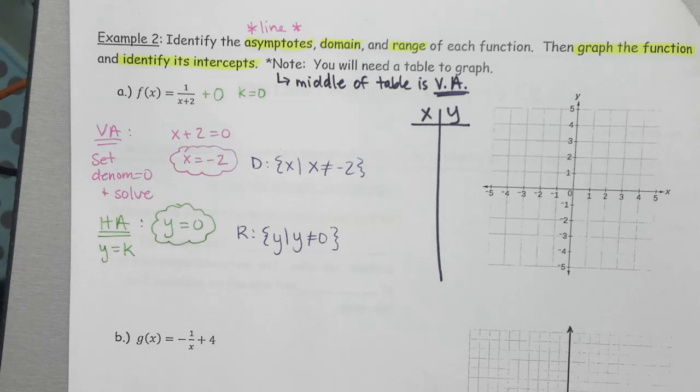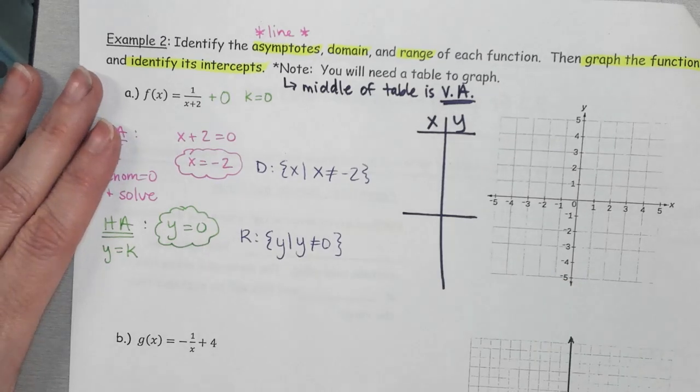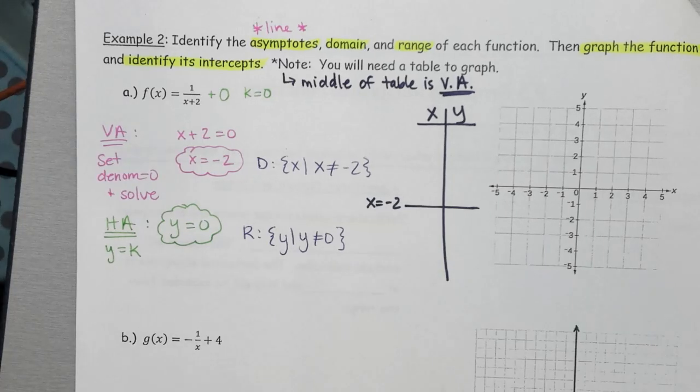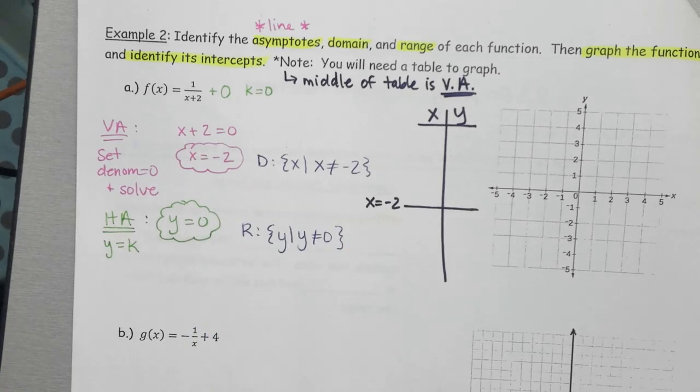So we could see that these had 2 branches, right? So I'm going to split this table, and right where that line is, I'm going to put x equals -2, because that is my vertical asymptote there. All right, and then we are going to graph this.